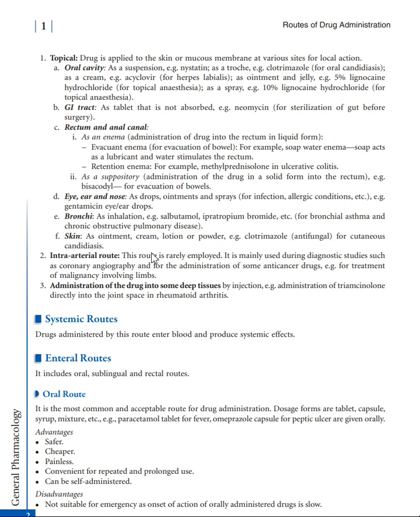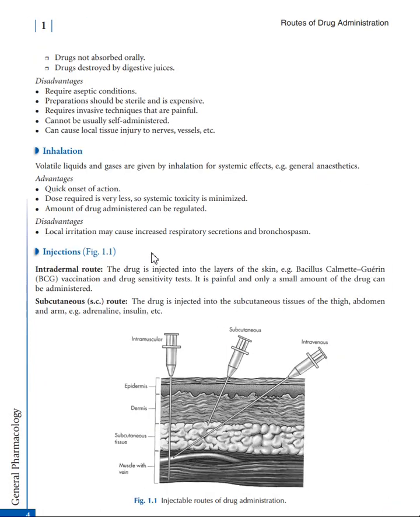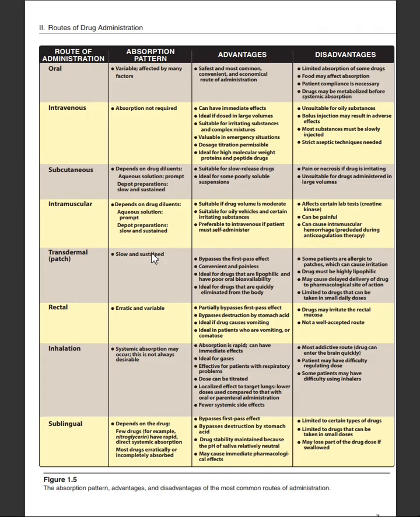I have a summary of the entire routes. Let's talk about that. This is a chart or table I will be providing in the video, so you can take a printout of it or note it down.